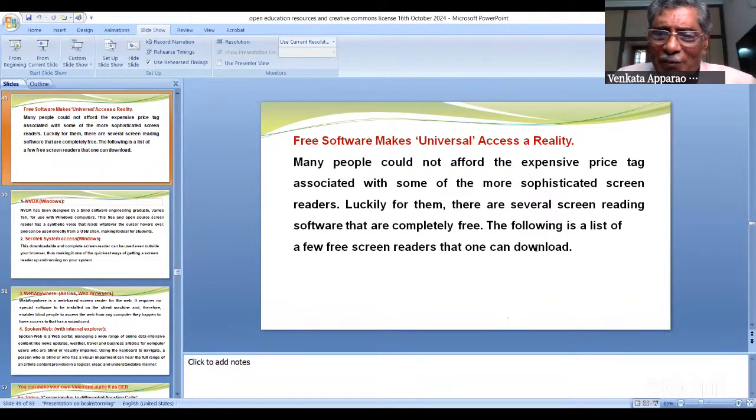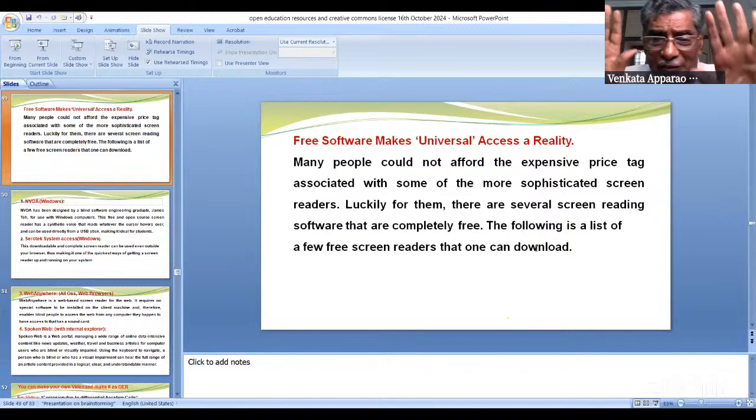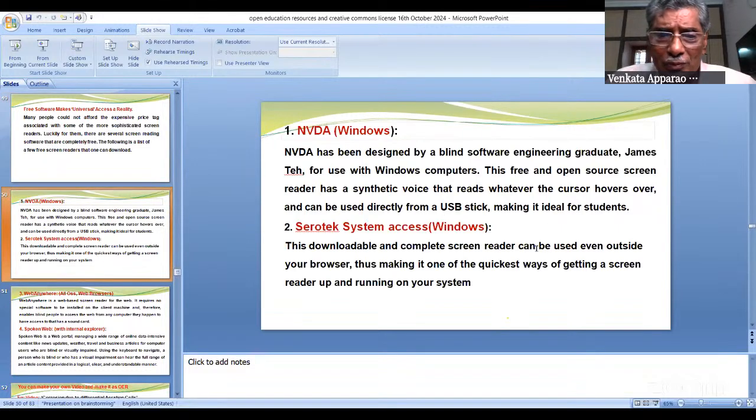Many people cannot afford the expensive price that is associated with some of the sophisticated screen readers. Luckily for them, there are several screen reader software that are completely free. Following is a list of a few screen readers that can be downloaded and used. NVDA. This can be used on Windows.